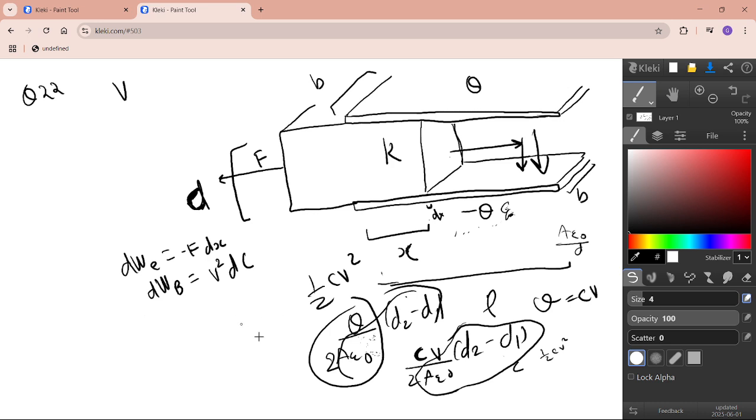Ah, no, I forgot. It's the electric field. Sorry, it's not the force. This thing is electric field.